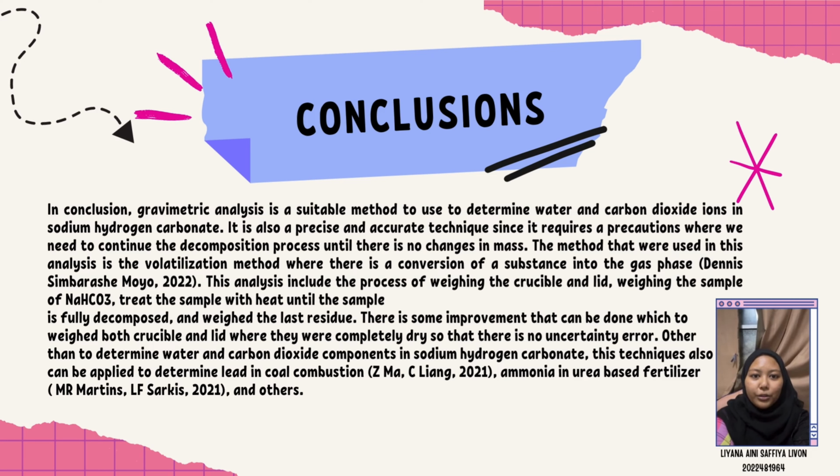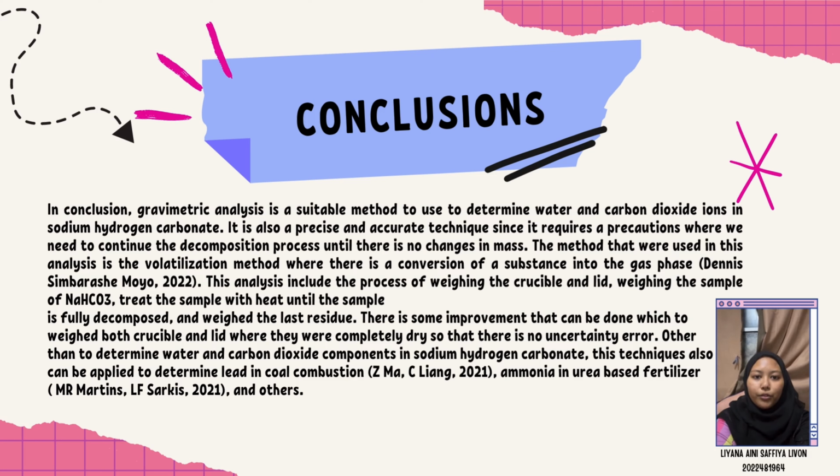The method that we use in this process is the volatilization method, where there is a conversion of a substance into the gas phase, according to Dennis Simbarashi Moyo 2022. This analysis includes weighing the crucible and lid, weighing the sample of NaHCO3, treating the sample with heat until the sample is fully decomposed, and lastly, weighing the final residue.